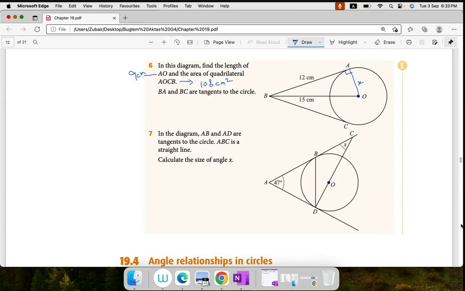Got time? Yep, I got 9. I'm just solving the area.